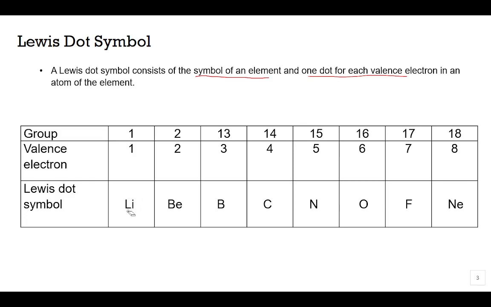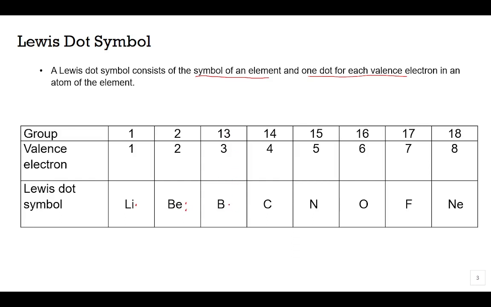For a single electron it is also okay, but usually we put it here. And for beryllium there are two valence electrons. You can put it like this, or like this, or like this. Also okay, but usually we are going to put it like this.